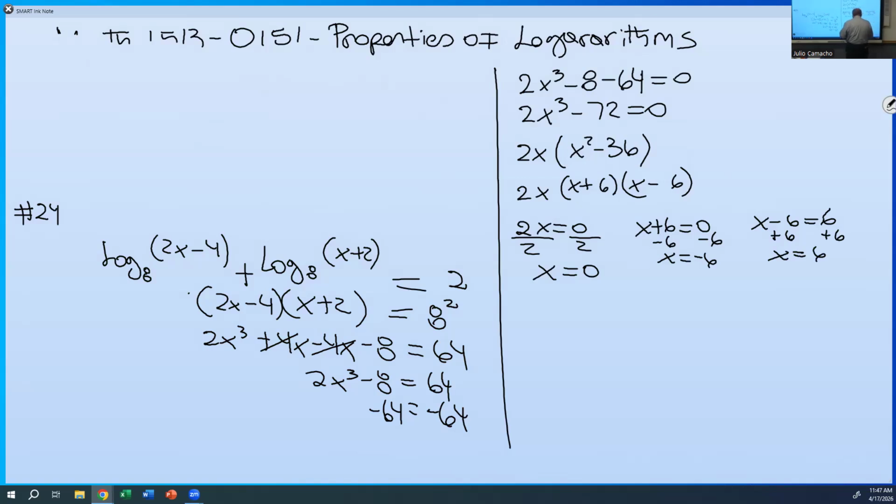Now, the point is, when we talk about logarithms, the exponent of the logarithm has to be 0 or greater than 0.